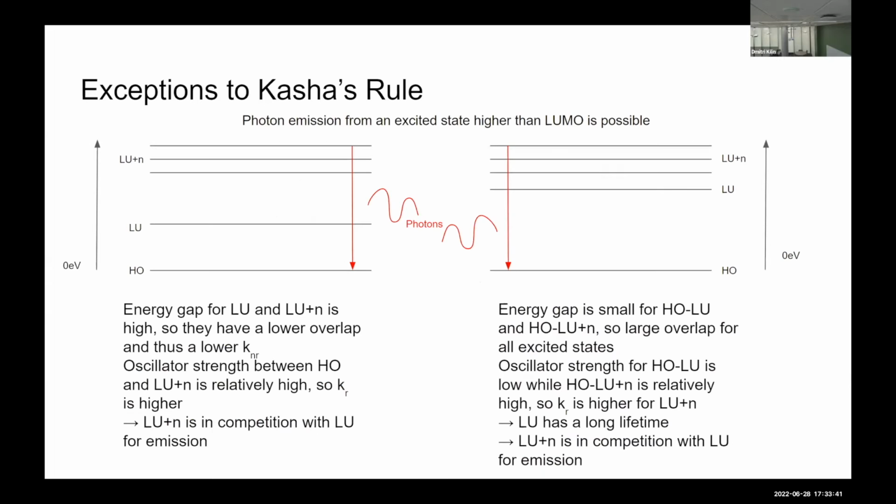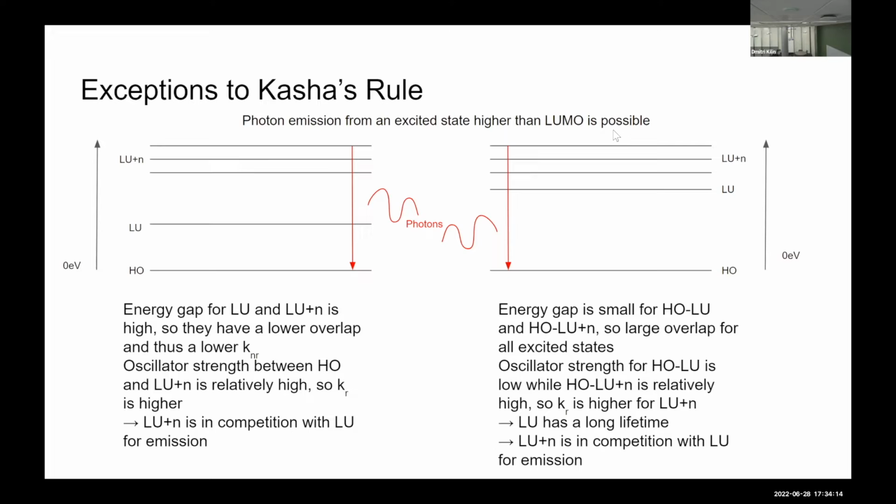Oh, yes. So here what I was trying to show was that, by Kasha's rule, we're not always going to get photons emitted only from the HOMO-LUMO transition. We might get photons emitted from a HOMO to LUMO plus 5 or something like that. A better example is this one off to the right, where the LUMO is very close in energy to all of these higher excited states.